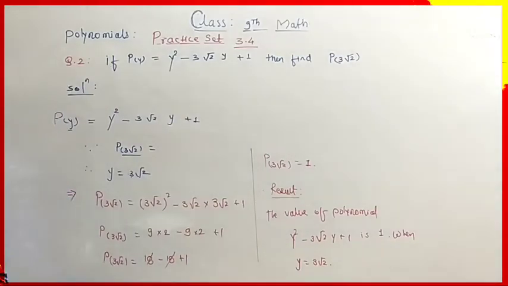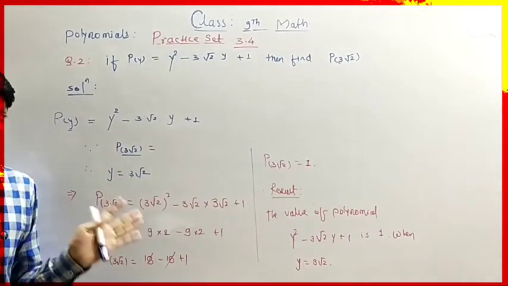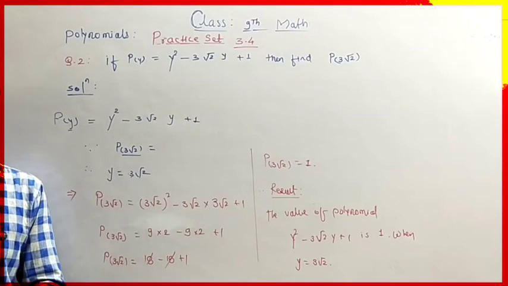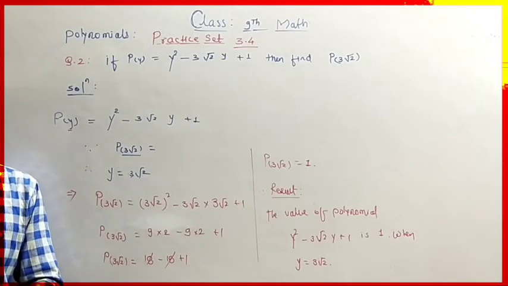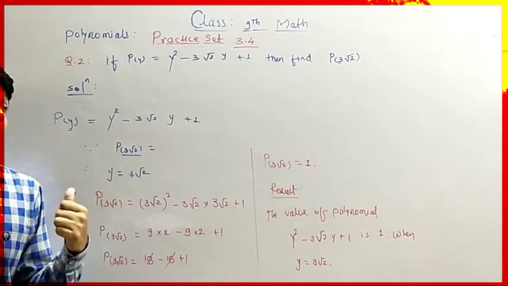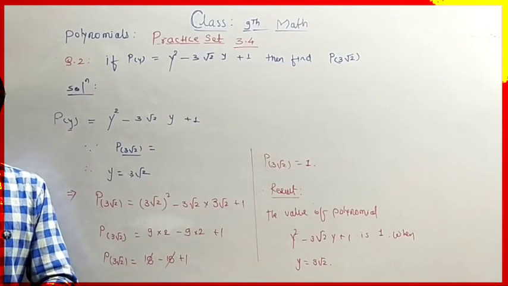Now this is the answer. This is the way you have to solve the problem where you have to find the value of a polynomial. Write down this solution of the second problem.